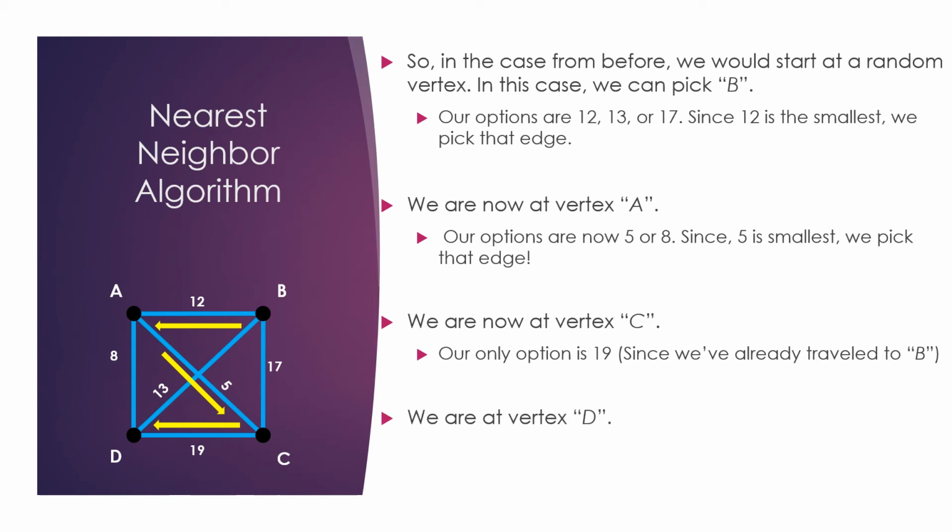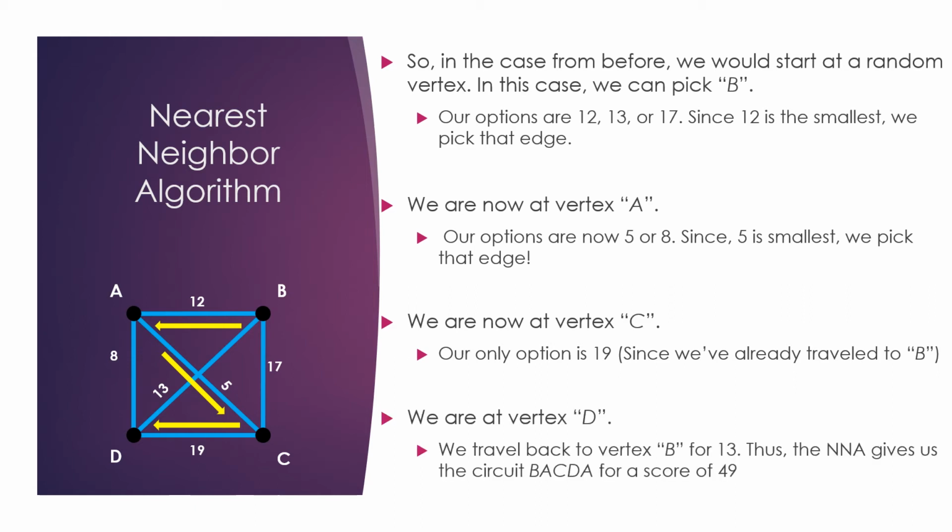So at vertex D, we have to go back to B for 13 because we have to finish the circuit. Therefore, the nearest neighbor algorithm gives us the circuit BACDB. And sure, you could start at A, but ultimately it's the same kind of idea. We make this hourglass shape, and it gets us a score of 49. And that's it.